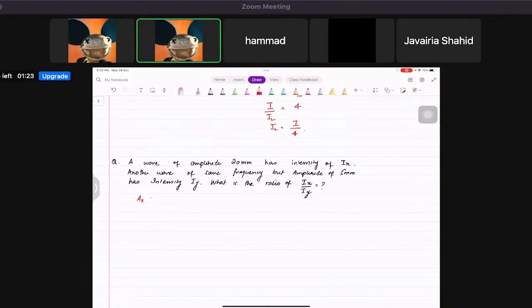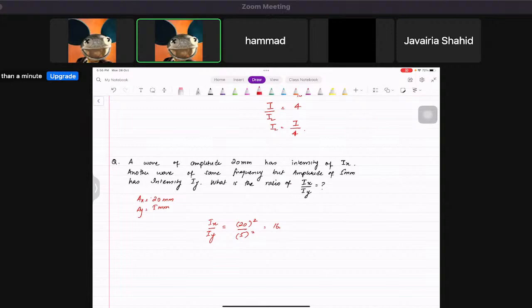So Ax is 20 millimeters and Ay is 5 millimeters. So Ix over Iy would be equal to 20 square over 5 square, and it should come out to be 16. That's as easy as it gets. Okay, that's pretty good. I hope you guys understand this.